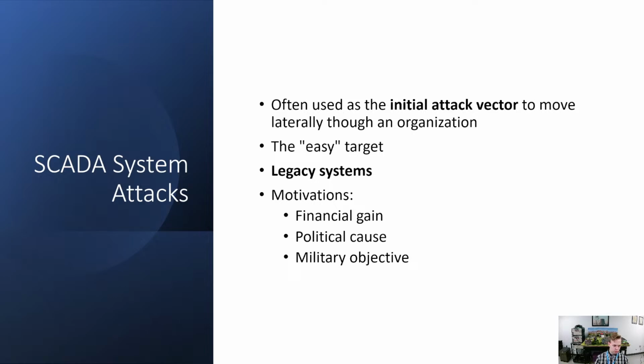They are often used as the initial attack vector, which allows whoever compromises them to move laterally through an organization. The target itself may or may not be the SCADA system, but it's usually considered the easy target, a way to get into the network and then start crawling through it. These systems also tend to be the easy target because a lot of them are legacy systems. They're very old, and security might not have been a factor in their design.